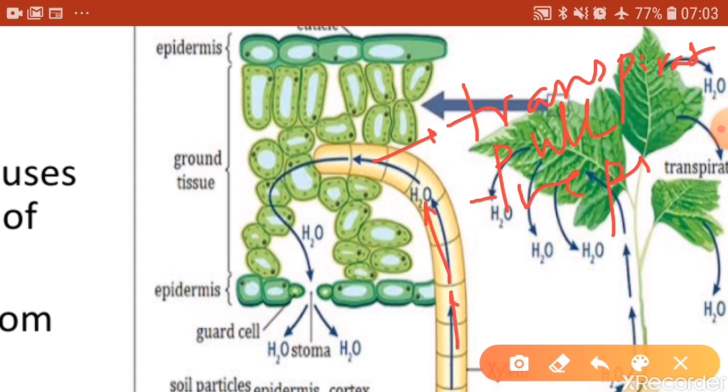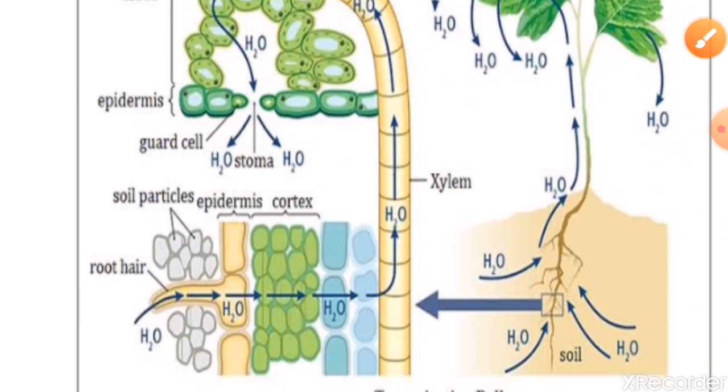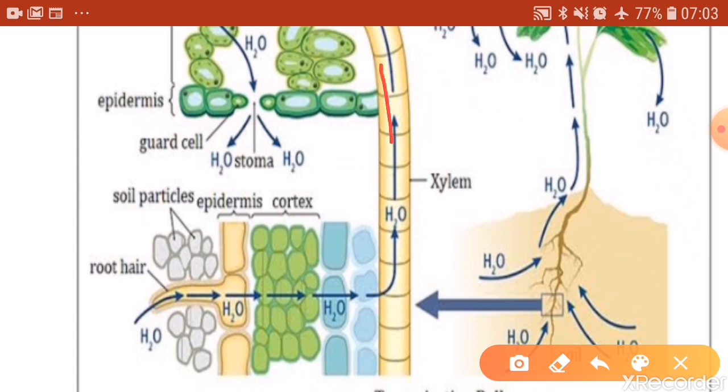Water is lost from the stomata, then this loss is made up by taking water from the leaf cells, which take water from the xylem vessels of the leaves, and that creates a negative pressure due to which water is withdrawn from the xylem vessel of the stem. As the xylem vessel of the stem loses water to the leaves, it will pull water from the xylem vessels present in the root region.